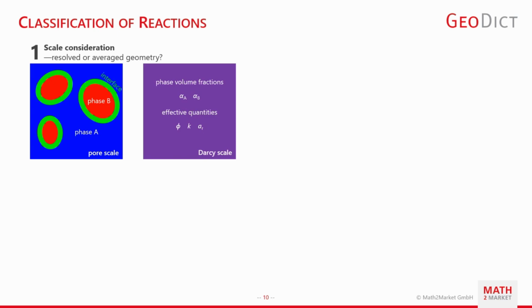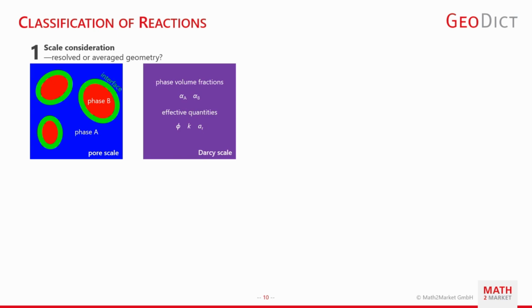If you look at the upper left, you see a domain that consists of a phase A in blue and a phase B in red. And phase A could be, for example, a fluid phase. Phase B could be a fluid phase or a solid phase or even a gaseous phase. I mean, phase A could be liquid and phase B a gas, for example. And then there is a transition area, the interface area here in green, that is in between those phases.